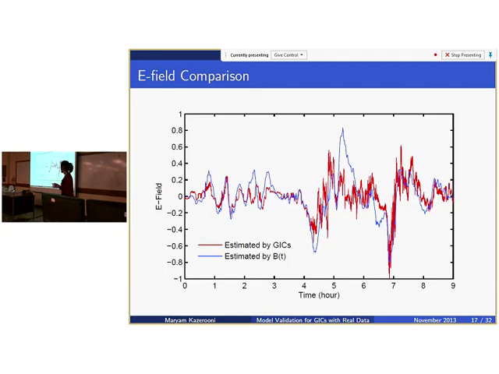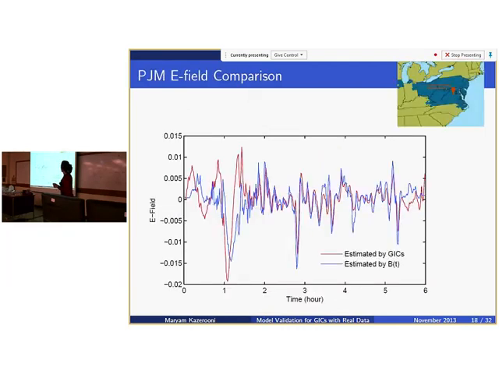So I think that's one of the reasons we're getting this mismatch and not very good accuracy. For example, we were able to get GIC measurements for some substations much closer to Fredericksburg, and we did exactly the same test. Here is the result for this substation, and you see that this time the agreement is much better.